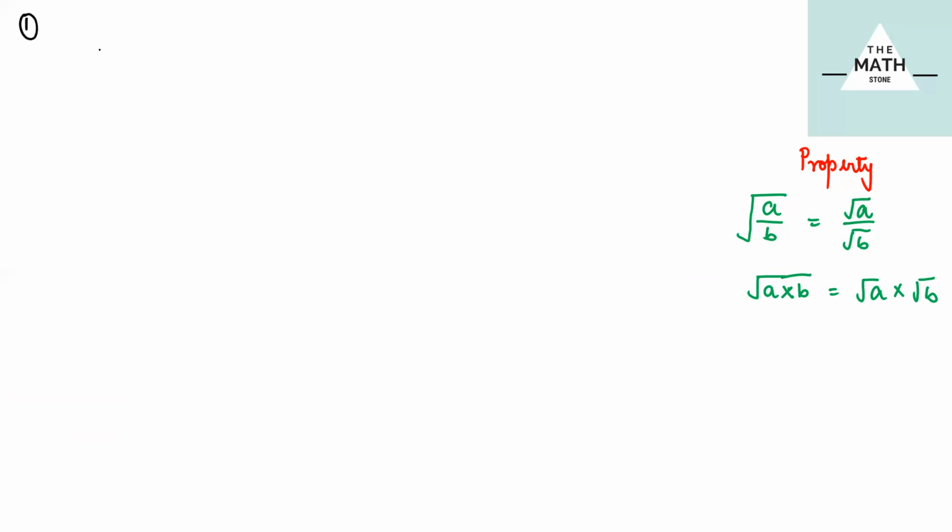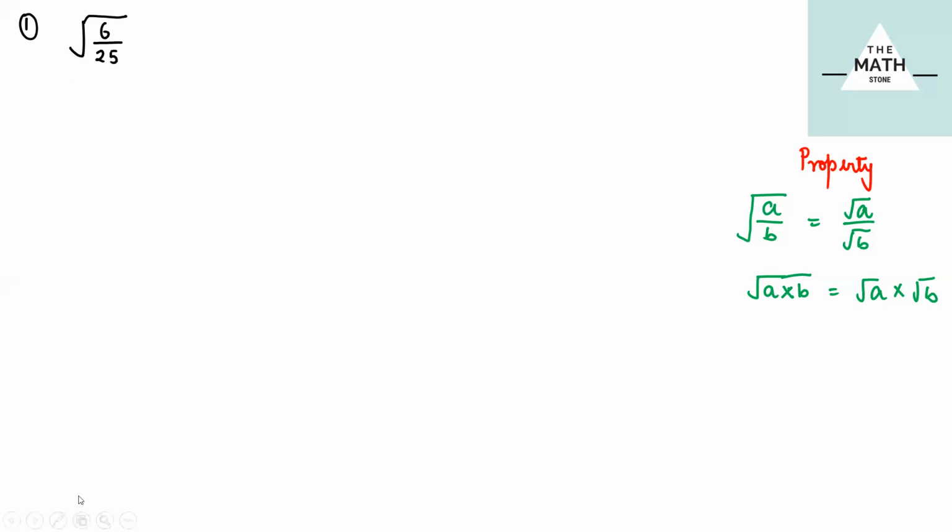Let's say we want to simplify a radical expression which looks like this, square root of 6 over 25. Now this is a fraction, but it is inside the square root. To simplify this radical expression, we will rewrite it with a radical in the numerator and a radical in the denominator. Then we'll factor out any perfect square, then we'll simplify.